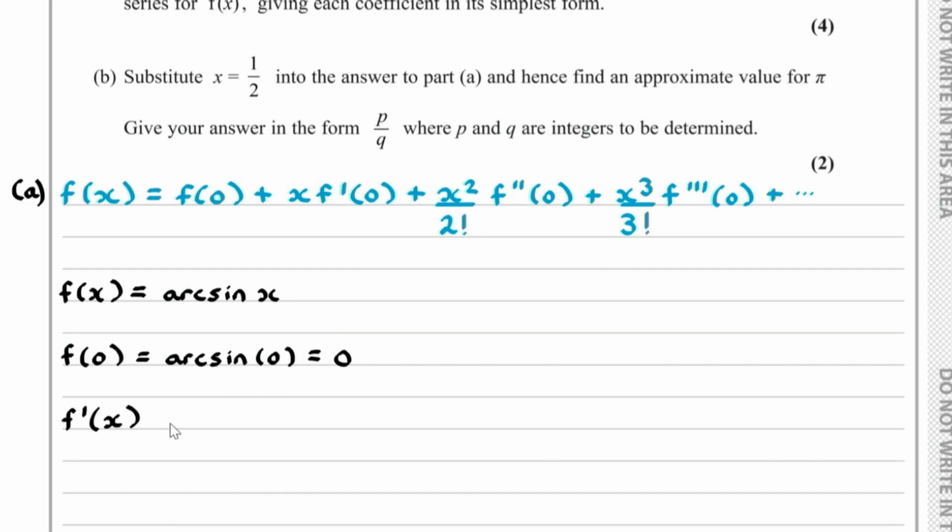So f dash of x is equal to 1 over 1 minus x squared square rooted, which for convenience I'm going to rewrite as 1 minus x squared to the power of minus 1/2.